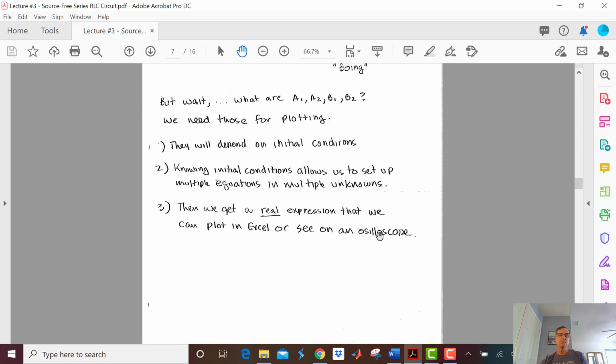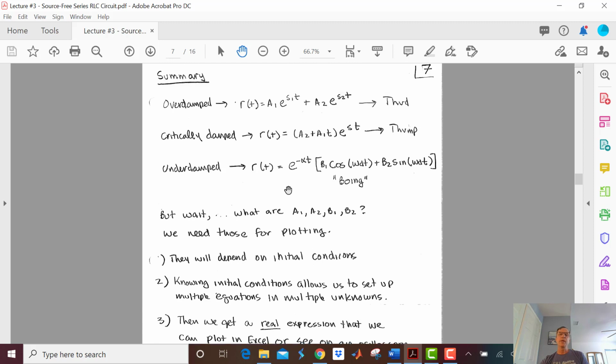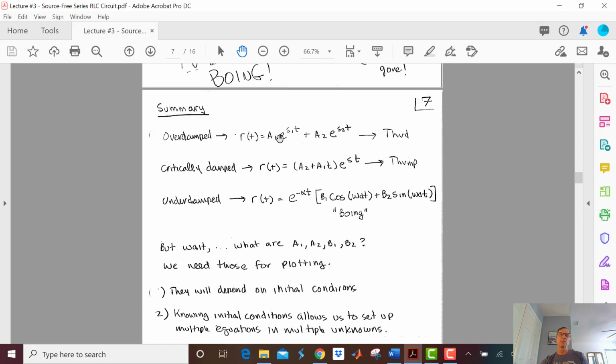Okay, so what we need now to continue getting our solutions, because we want the whole solution, we want everything, we need to know A1, A2, B1, and B2. We need these for plotting to know our answer. And they are going to depend on initial conditions.